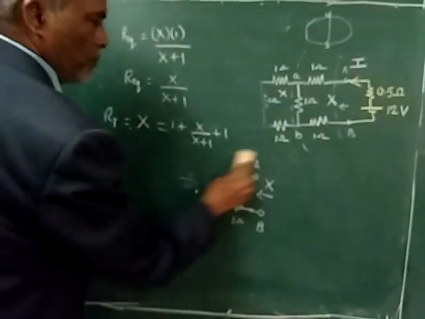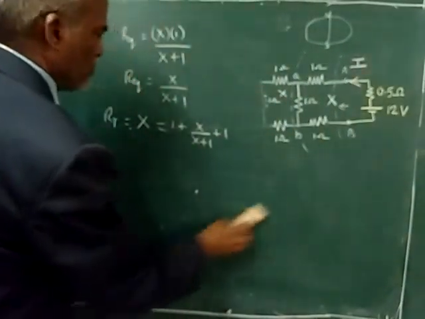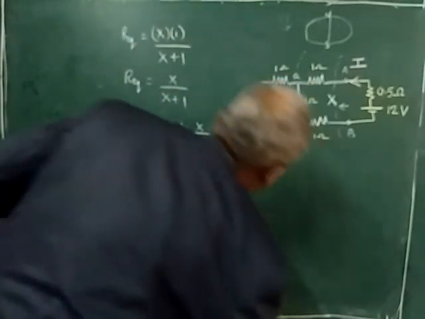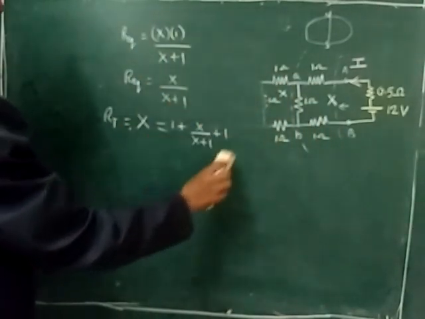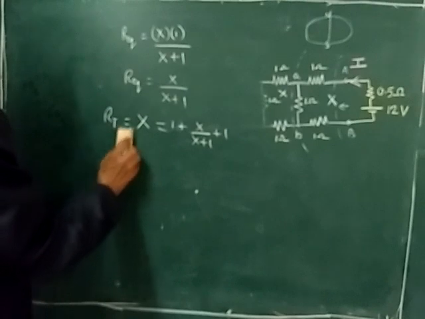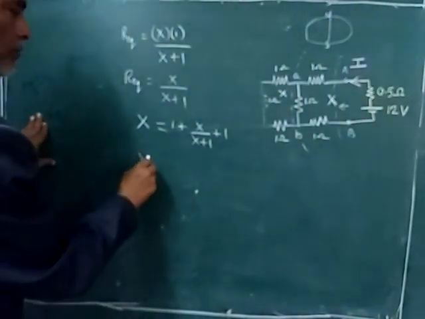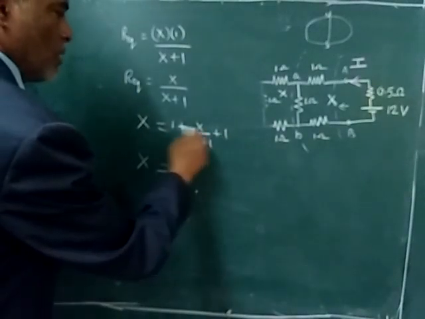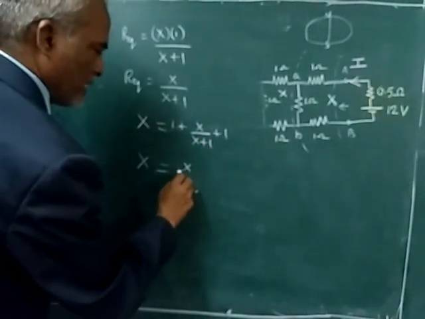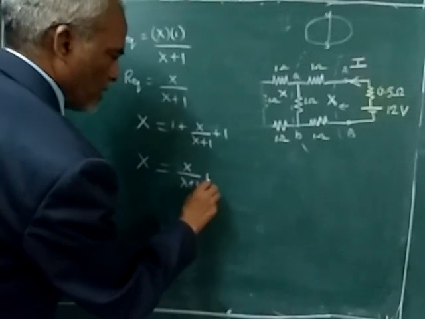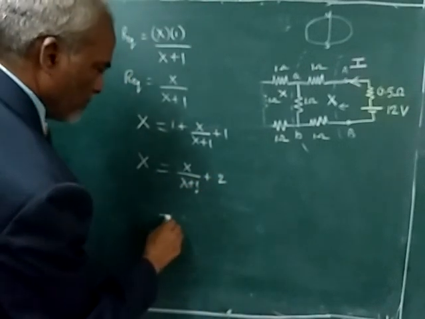Now, we will take this part alone and we solve for X. So X is equal to, this 1 plus 1 is 2. So X divided by X plus 1 plus 2. Take LCM.